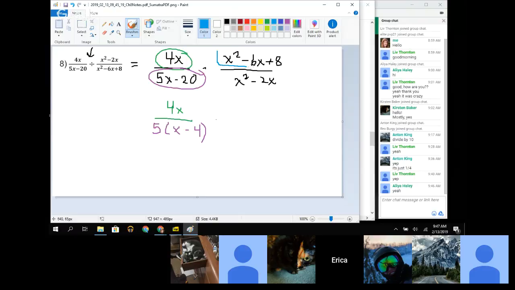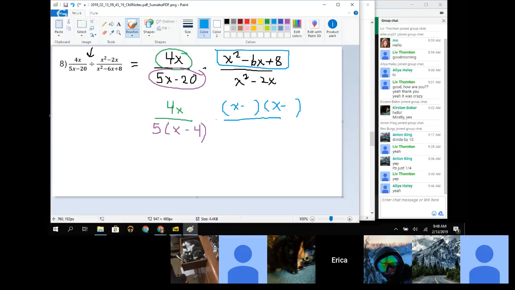Okay. We're going to look at the numerator of our second fraction. So we have x squared minus 6x plus 8. Since we have a positive 8, well, we know it's x times x. Since we have a positive 8 and a negative 6, we're probably going to have a negative times a negative.